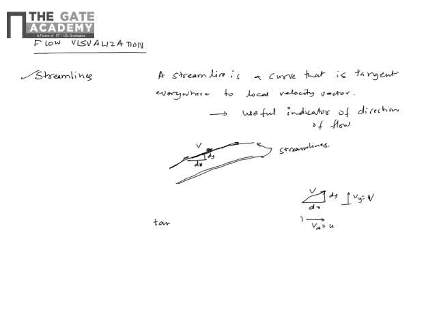So tan theta is dy by dx, and also v by u, the velocity component in the vertical direction over the one in the horizontal direction, because the velocity is tangent to the curve. In 3D, you write u by dx equals v by dy equals w by dz. This is the equation a streamline should satisfy, the equation of a streamline.